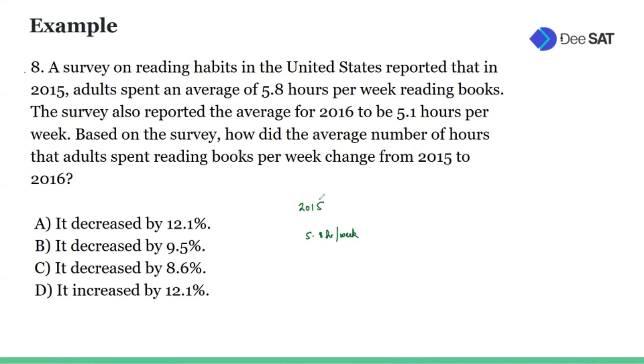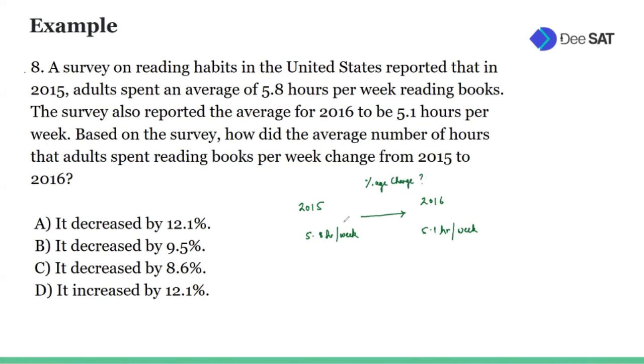The survey also reported that in 2016, 5.1 hours per week is reported. Based on the survey, how did the average number of hours that adults spend reading books per week change from 2015 to 2016? So we need to find what is the percentage change that happened.